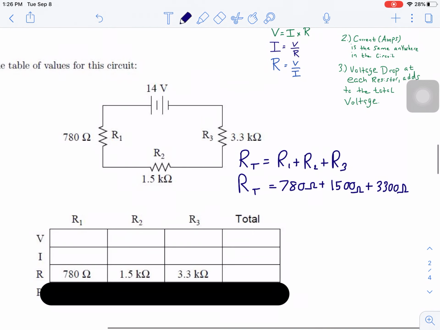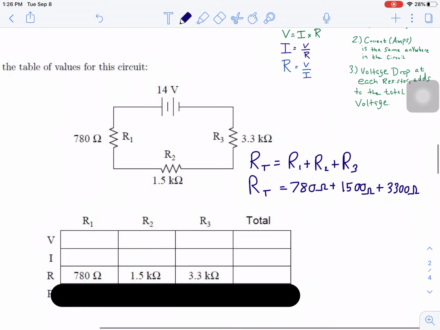I can add those up. This does bring up a good opportunity to say, remember, anytime we're doing math, guys, Ohm's law, rules like this, future equations we haven't seen yet, we need to be in base units without prefixes.